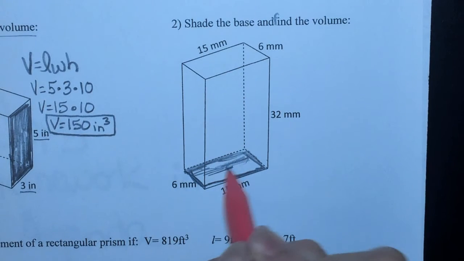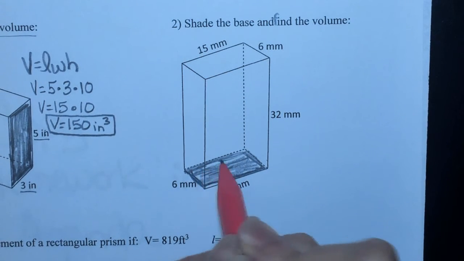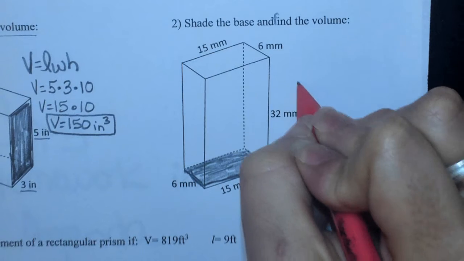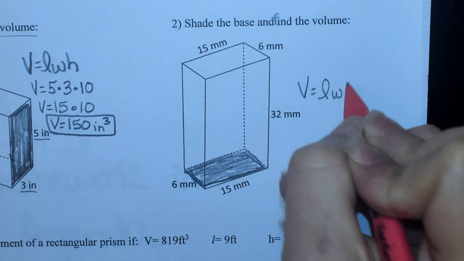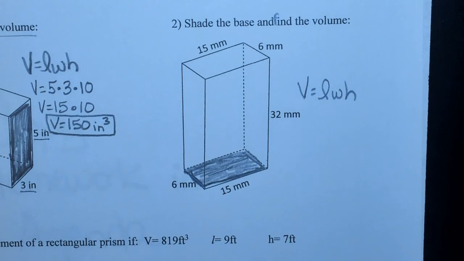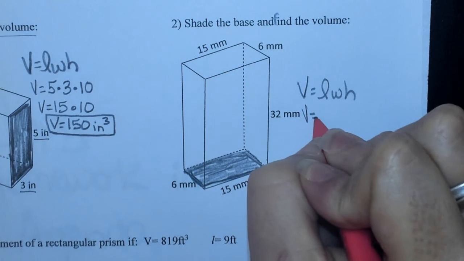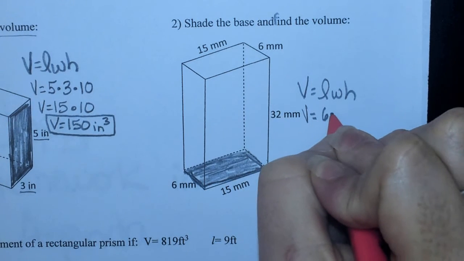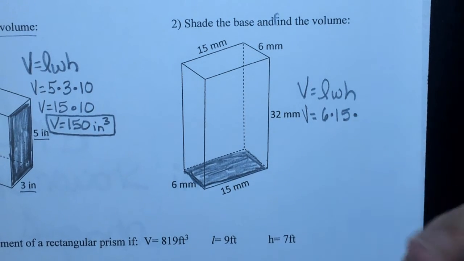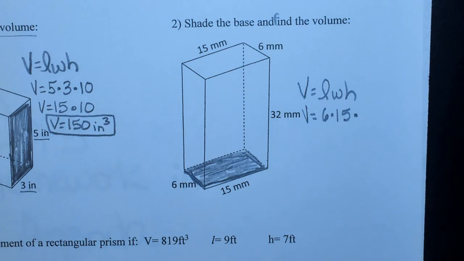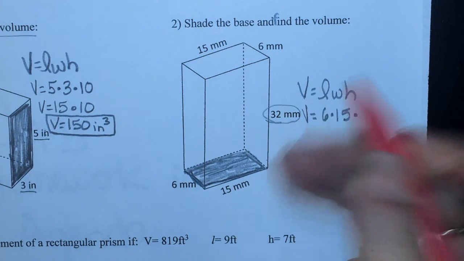I saw the top first, but either one, they're the same thing, so it doesn't matter. Using my 3 number formula, length times width times height, 6 by 15, and the other number is 32.